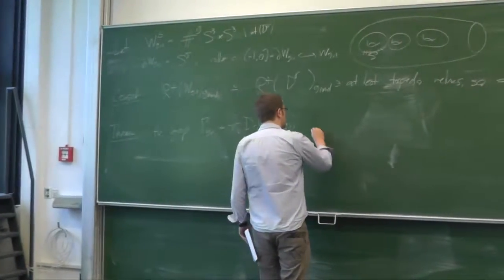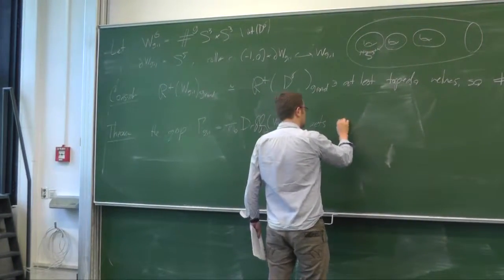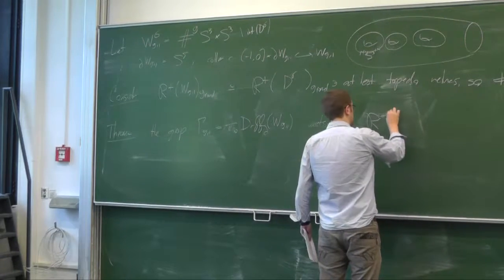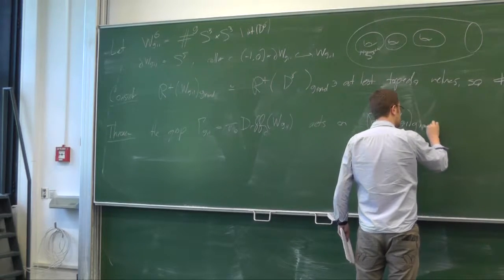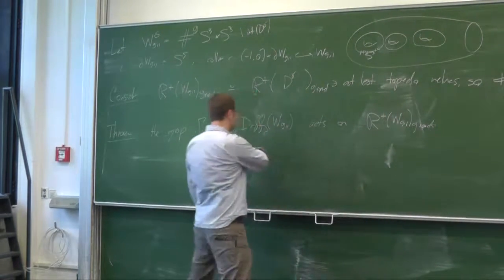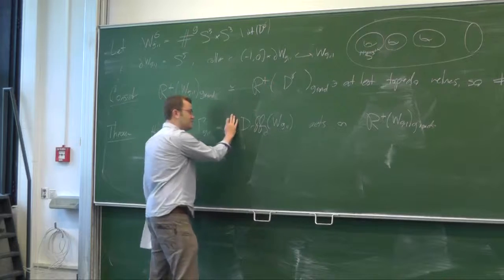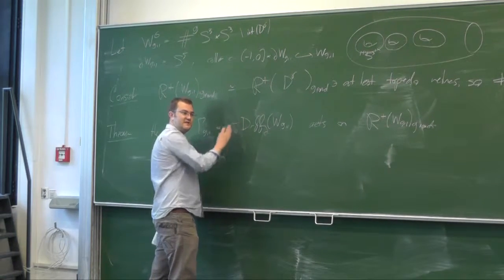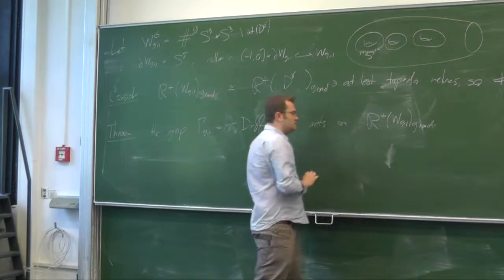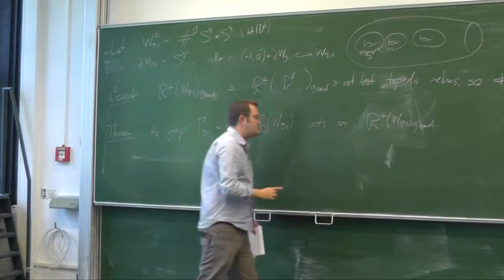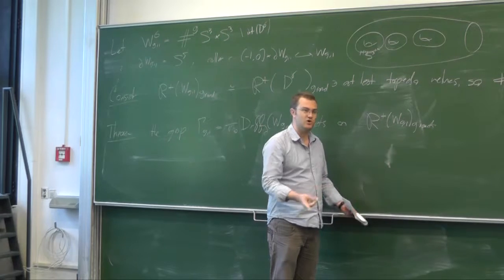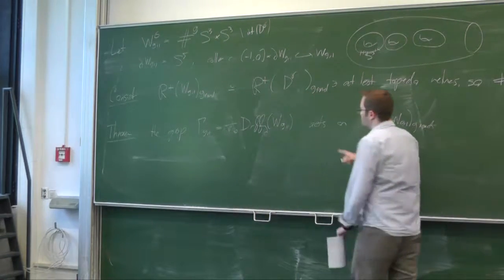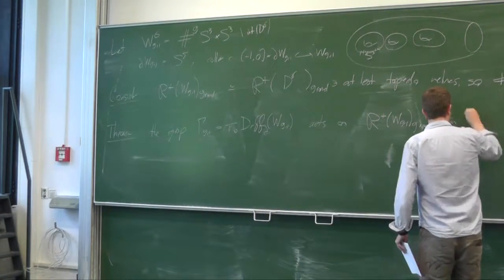This group acts on this space of metrics. Literally speaking, this group does not act on that space of metrics. If I took the diffeomorphism group, then it does. But if I take π_0, it acts on this space in the homotopy category, up to homotopy.